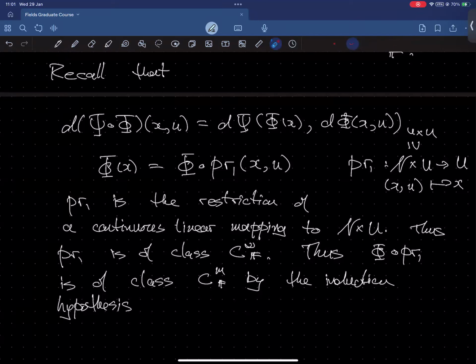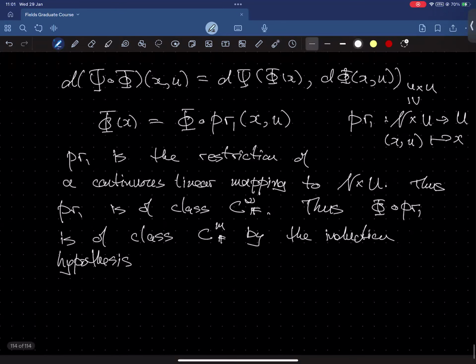This is infinitely differentiable, and the assumption is that phi is of class CM plus one, therefore it's also of class CM. The induction hypothesis is that the composition of two mappings of class CM is a mapping of class CM, so it's of class CM. By definition, d phi is of class CM because phi is of class CM plus one.